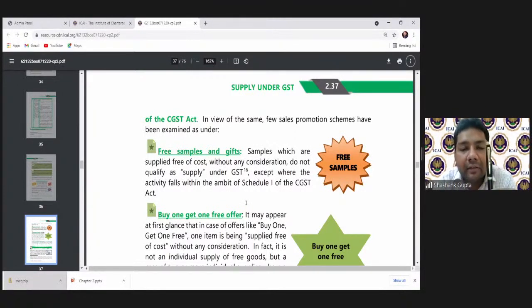So suppose the company is giving this pen as a sample, company has availed ITC, now it is giving Shashanki this pen as a sample for you. Please use it and tell us how good it is. Now, if they have availed ITC, it is covered under Schedule 1, they need to pay tax. However, if they purchase it, do not avail any ITC, then it is not going to be covered under Schedule 1 and no liability to pay tax.